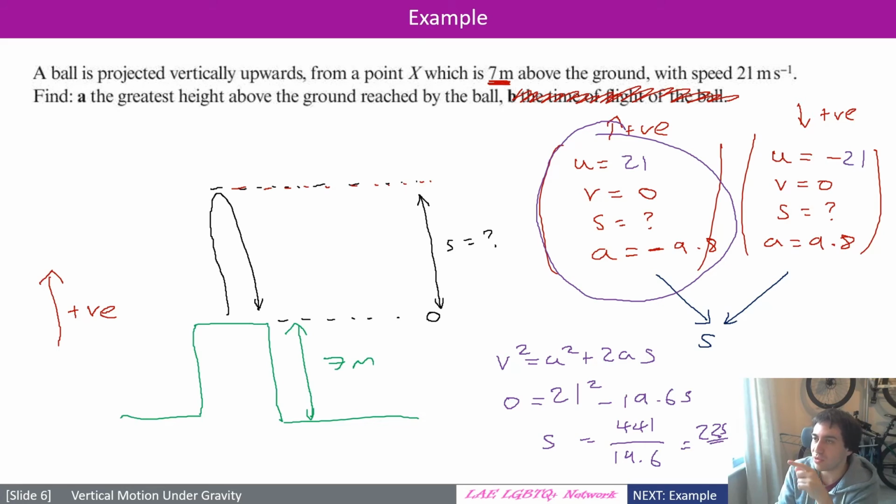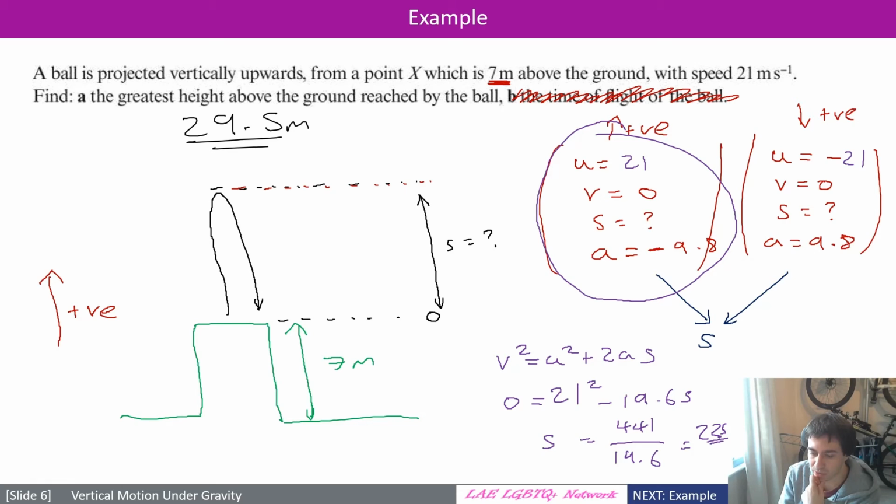Be careful, because it says what's the greatest height above the ground. The ground is technically here, not here. So this double arrow is 22.5, but then you've got an extra distance of 7. So the actual final answer is going to be 29.5 meters in this case.